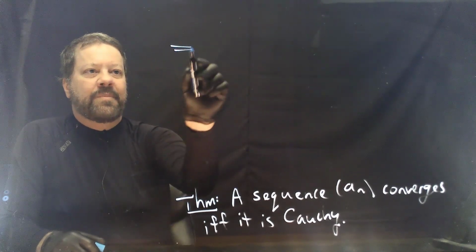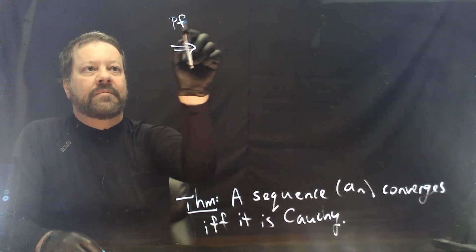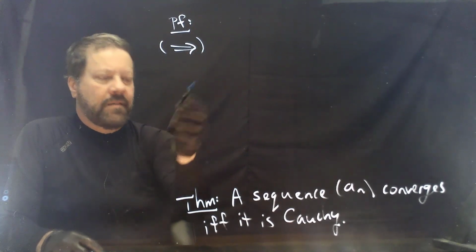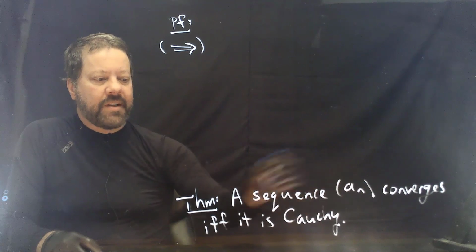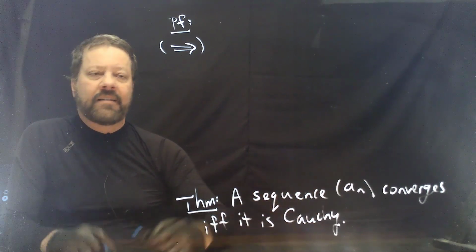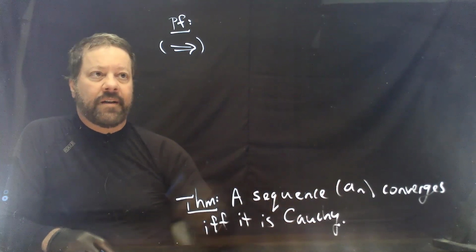And the proof is pretty easy. First, we'll assume that the sequence converges and then prove that it is Cauchy, and then we'll do the alternative.